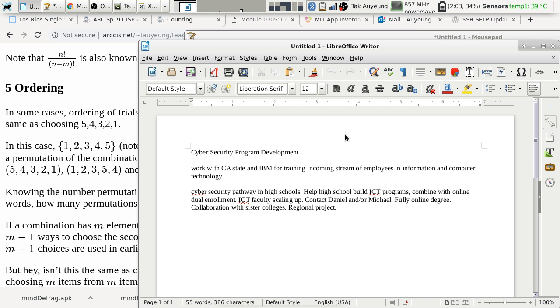As it turns out, as a region, there's an interest to develop cybersecurity certificates, and we might get funding for a region-wide program to do that. But to do that as a region program, it cannot be just an ARC thing. It has to be ARC combined with at least one of the other sister campuses. So that's what's involved here.